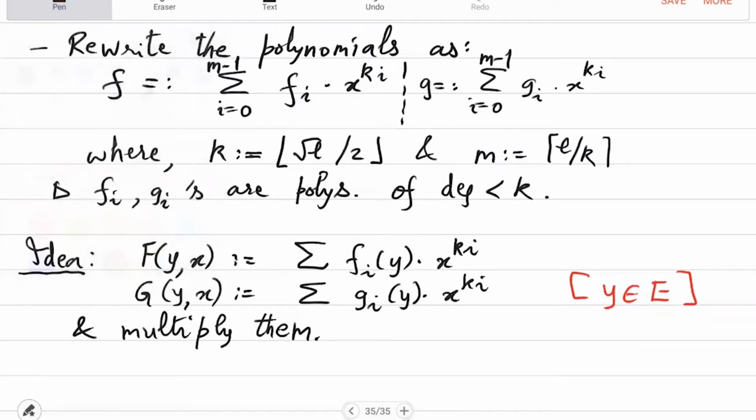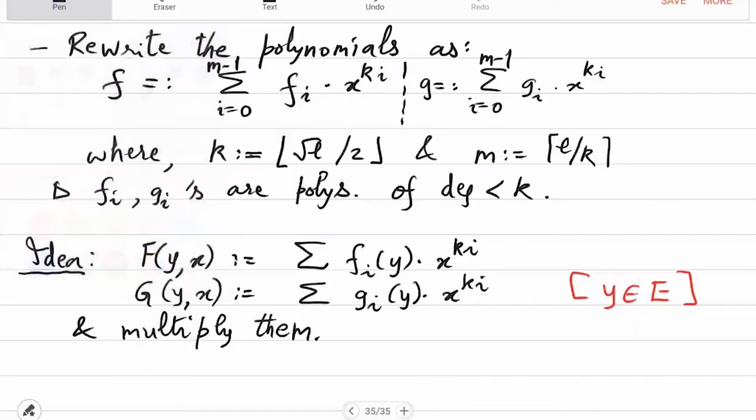So since Fi and Gi to begin with had degree around square root L, you can think of the coefficients as having very small degree, right? So in y also they have very small degree. And what was the degree of the modulus of E? L by 2. So in terms of L by 2, this square root L is very small. So these coefficients of big F and big G, we have made them small degree.